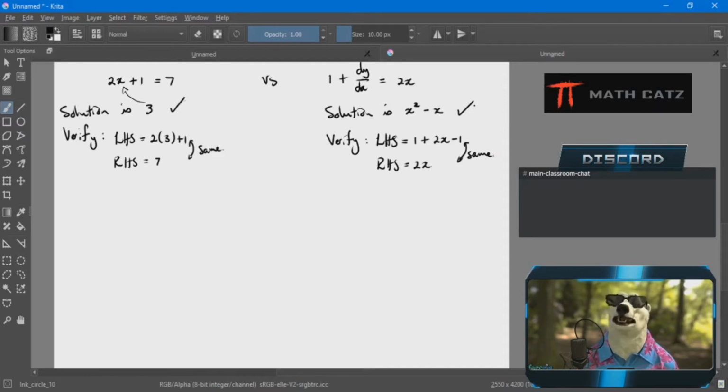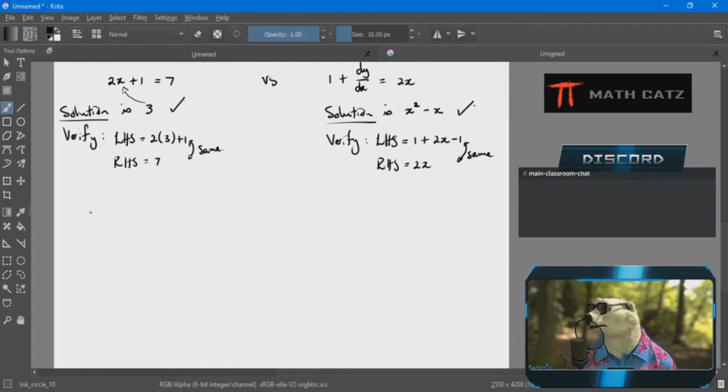So my approach to these equations is the same, but what I mean by solution is very much not the same. For the usual number equation, the solution is a number. For a differential equation, the solution is a function in the variable.